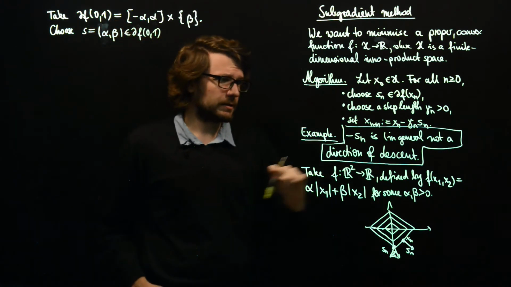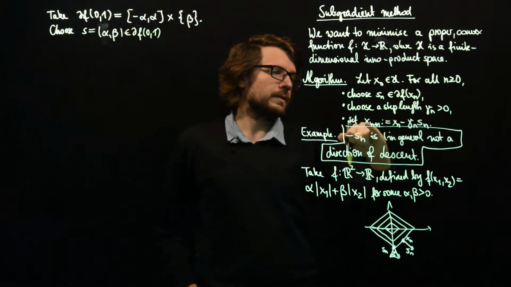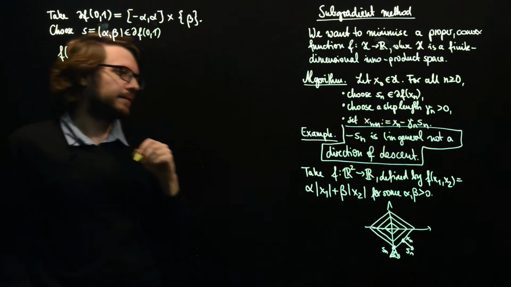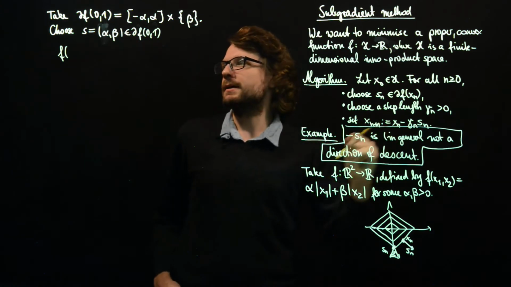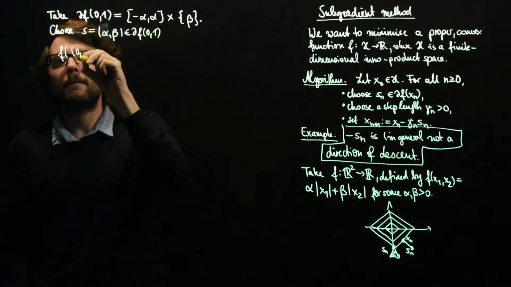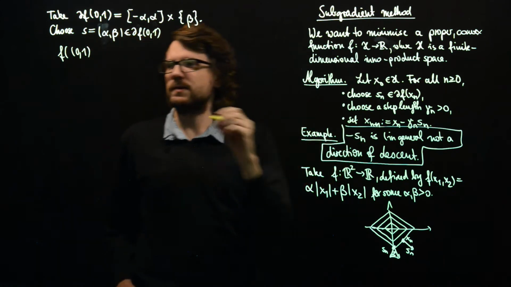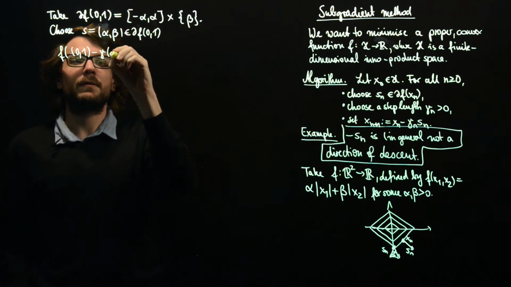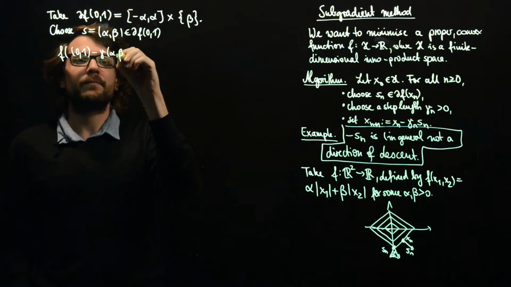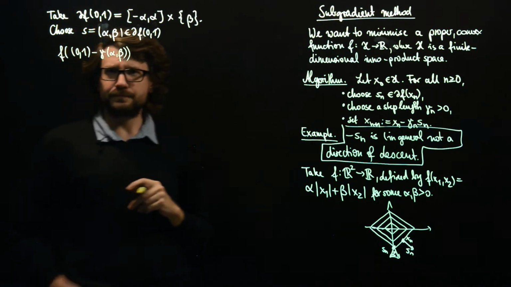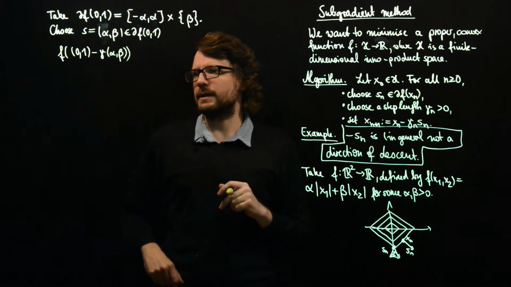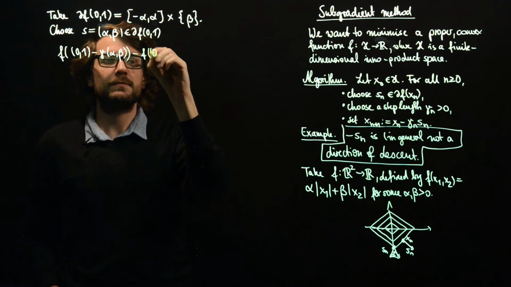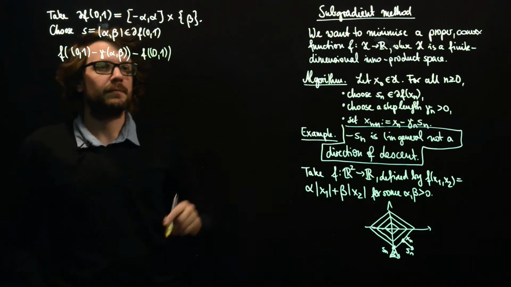And now we want to calculate f at the point xn, (0, 1), minus gamma times this subgradient here, and compare it with f at (0, 1).